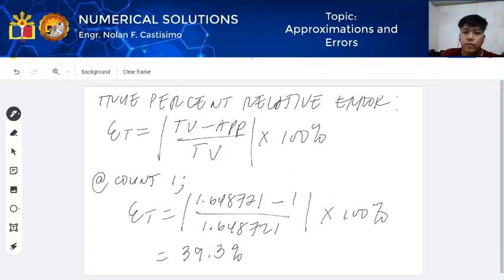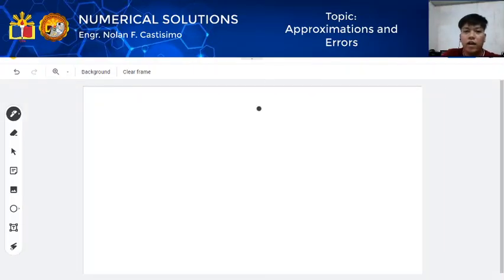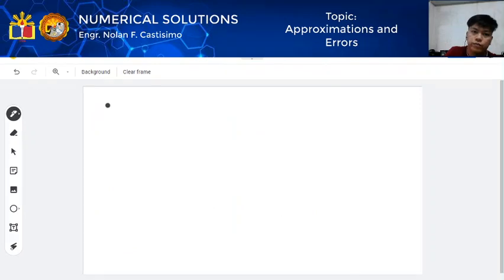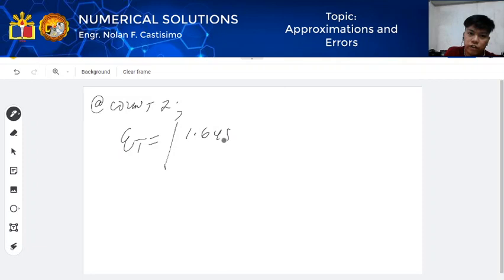Next, kukunin natin naman yung pangalawang for count 2. So count 2. At count 2. So we have summation of t, approximate value, 1.648721, yung true value natin.